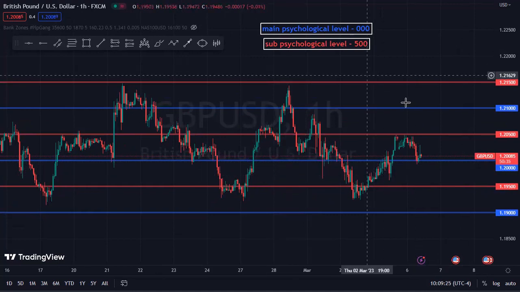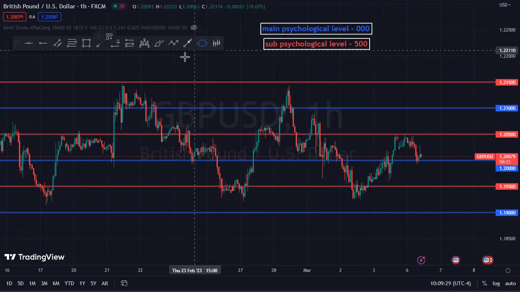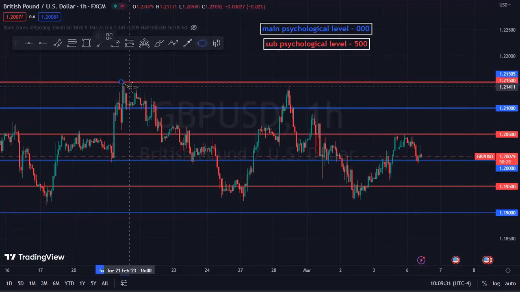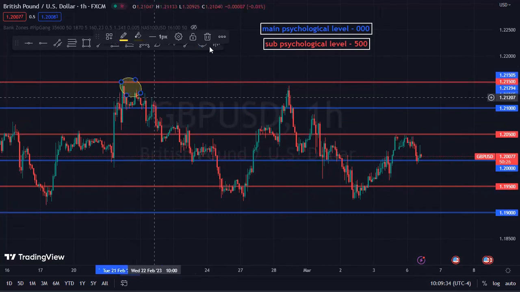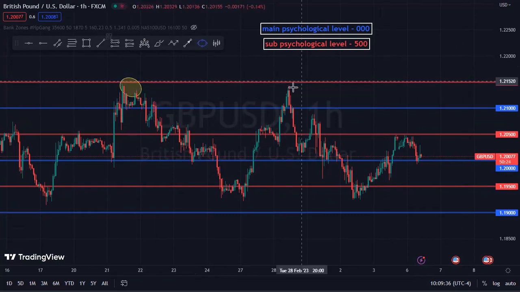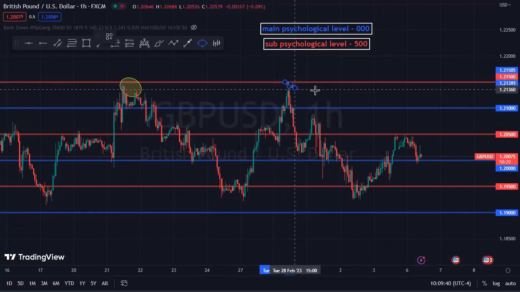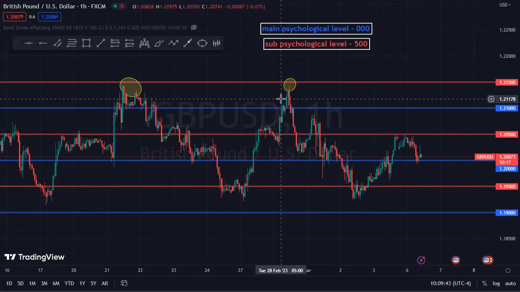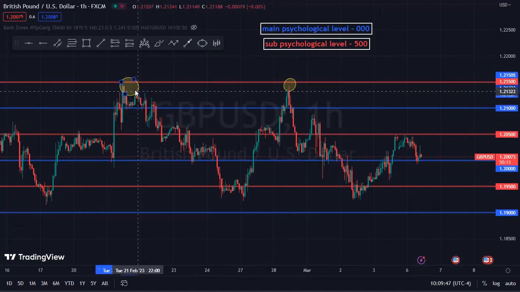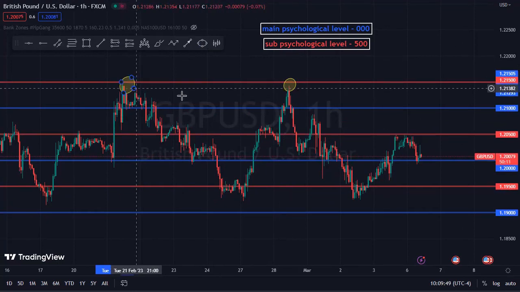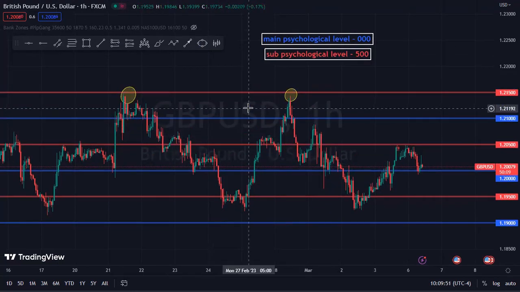As we can see, within the psychological levels, they are respected multiple times. Price will always respect these levels, whether it's respecting them as a support or a resistance. As you can see, the ones I jotted out right now, price has been respecting this level as a resistance.